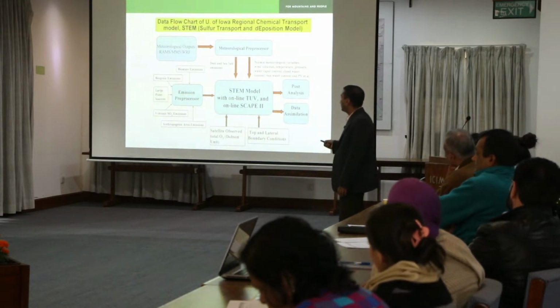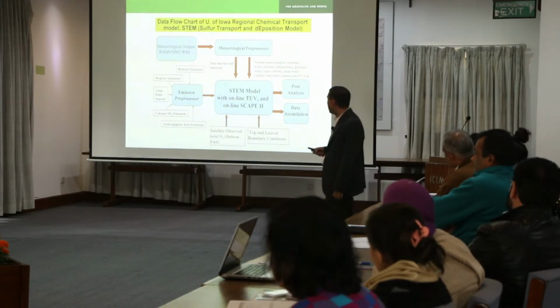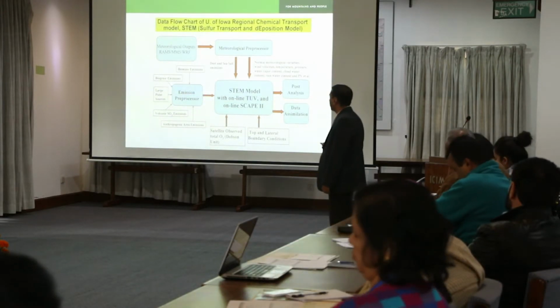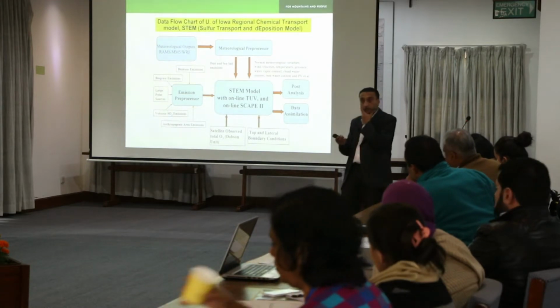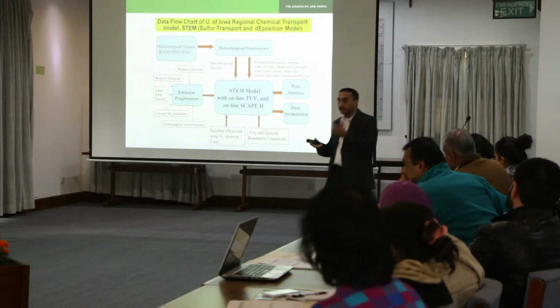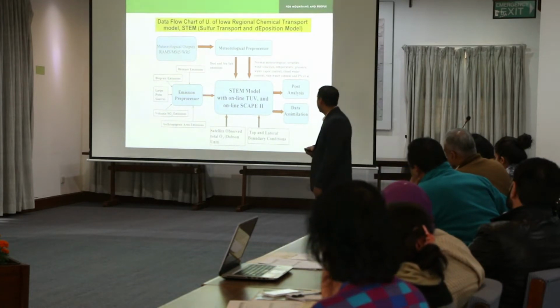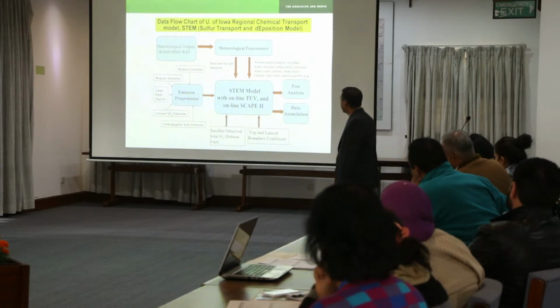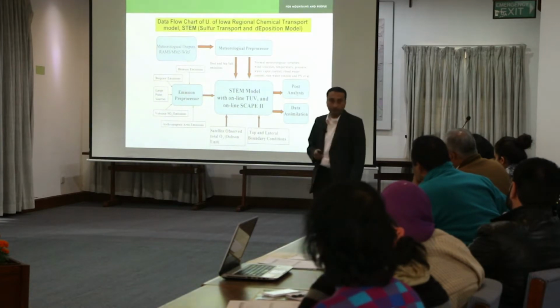They all are fed into an emission model, and that ultimately goes into your chemistry model that calculates your pollution concentration. Of course, we also take in observed satellite data as a starting condition to run your model. And then you look at your output using some graphical software.